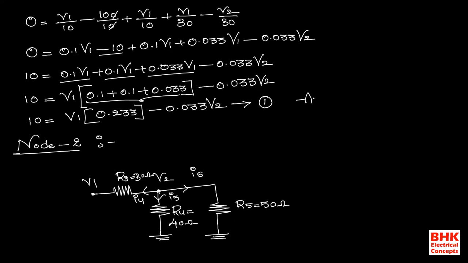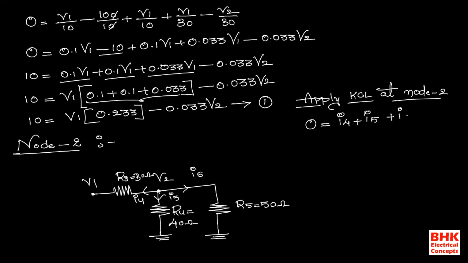Now same, apply KCL at node 2. There are no incoming currents, so the sum of incoming currents is 0, and the outgoing currents are I4 plus I5 plus I6. Now 0 is equal to I4.